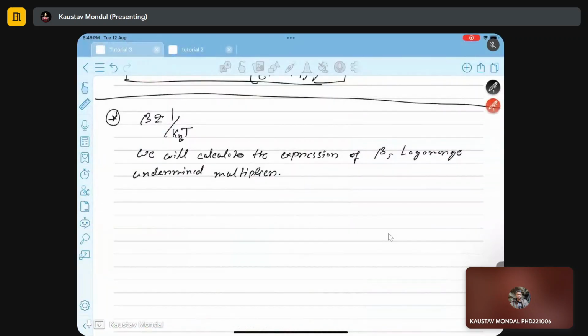In order to do so, we will calculate the internal energy.